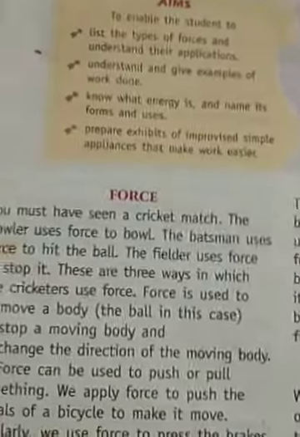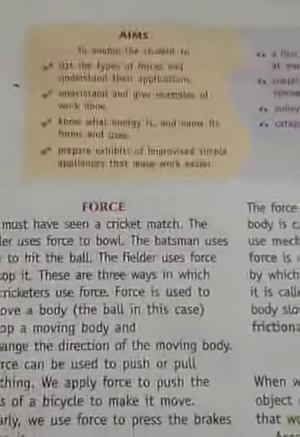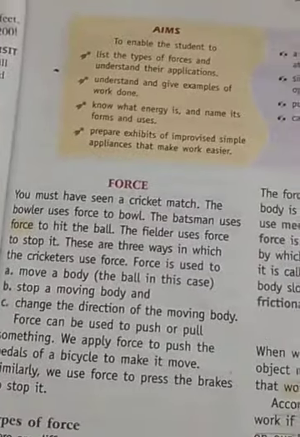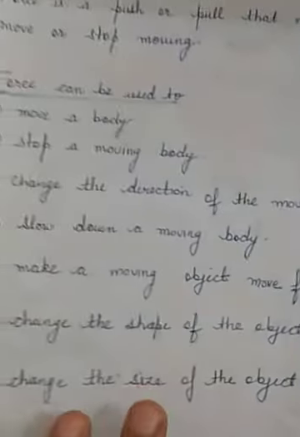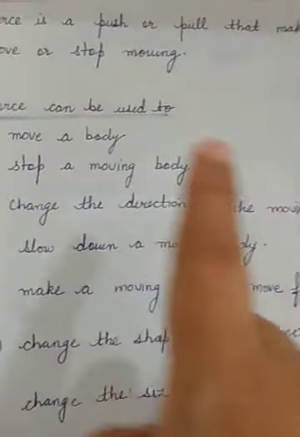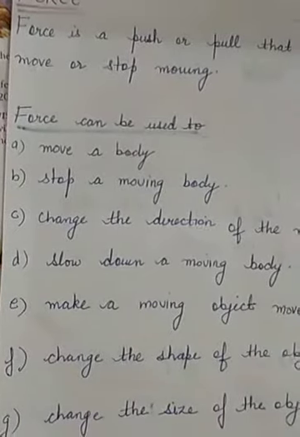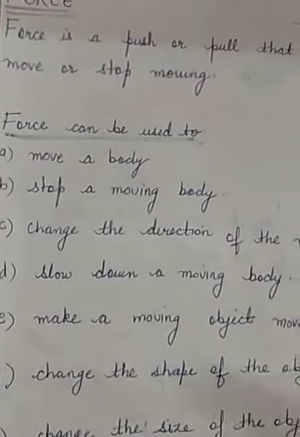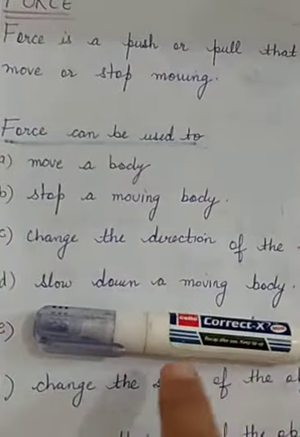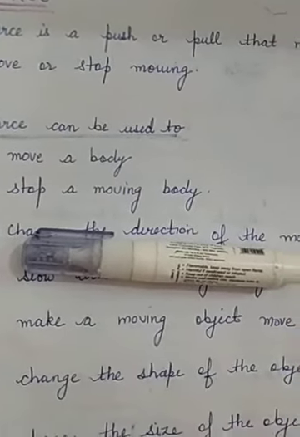Force can be used in different ways. They have different kinds of functions. These are some of the functions. Look here, force can be used to move a body. For example, if there is any body, when we apply force, when we push it, it helps in moving.